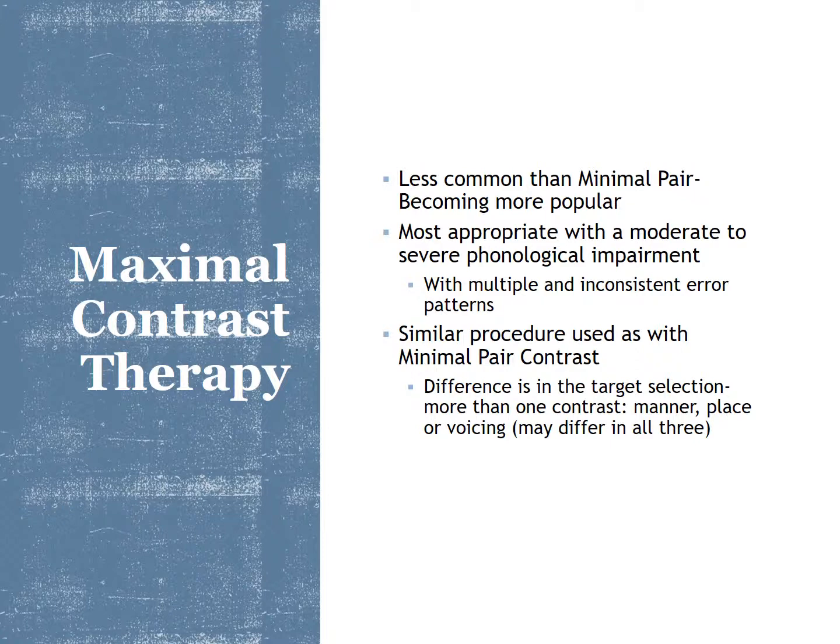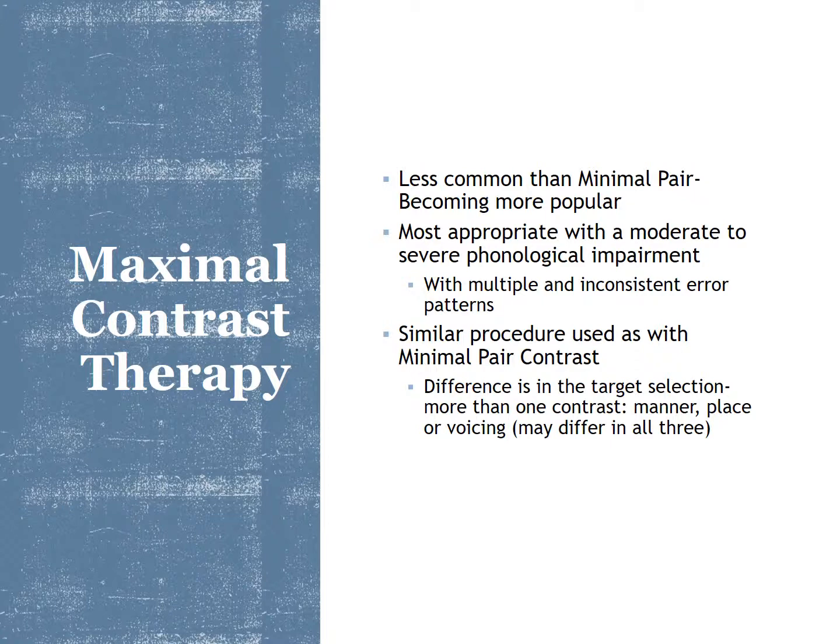Now, with this approach, you're going to follow the same procedures that we just discussed within the minimal pairs. So, summary, the main difference is with the contrasting word pairs for target selection, not in the actual treatment, right? So here, the difference is in that target selection.